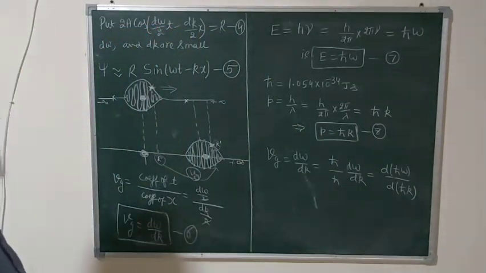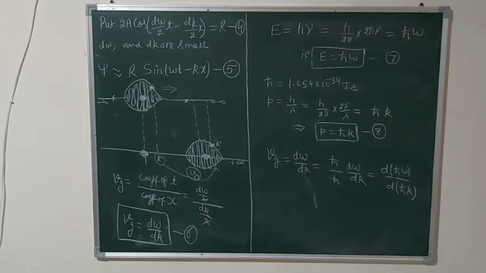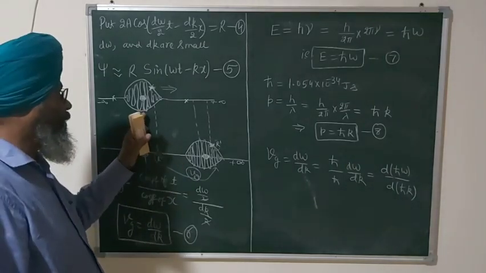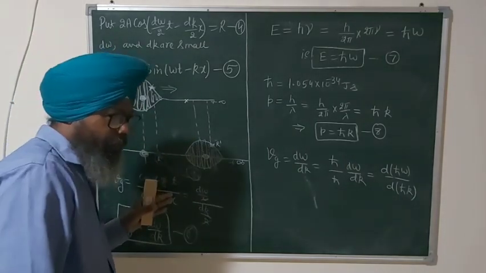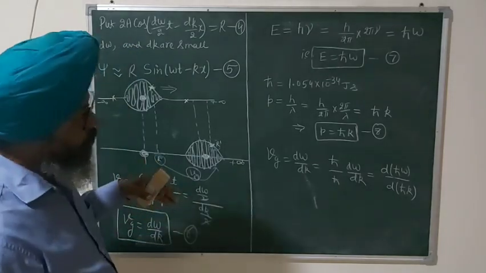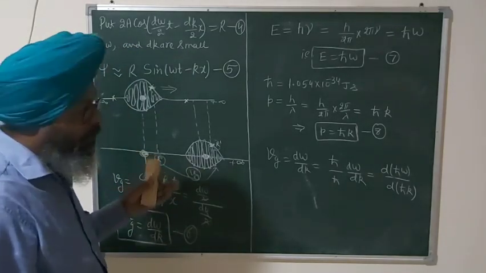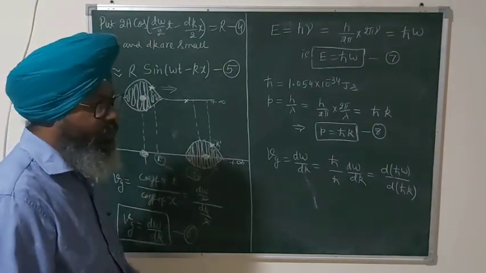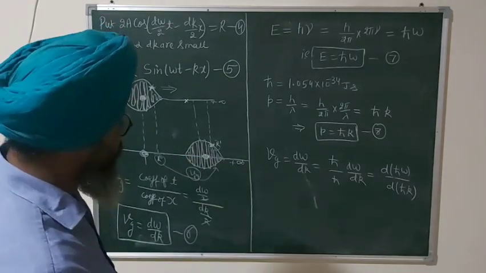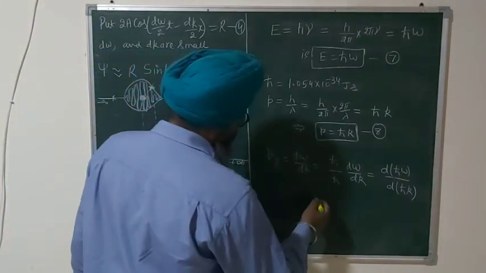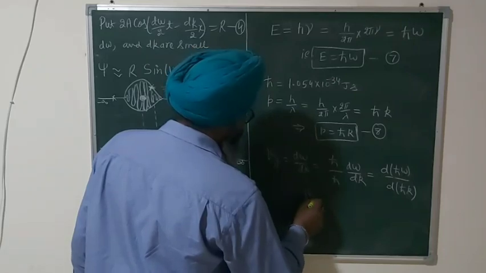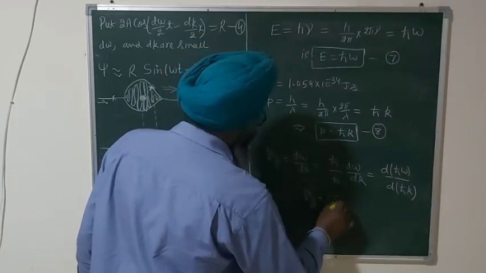Here I am using the term wave packet. You can easily use the term energy of the particle or momentum of the particle, because whatever energy and momentum the wave packet possesses is due to the particle. The energy and momentum of the wave packet are always equal to the energy and momentum of the particle. So I can write Vg equal to dE upon dP.